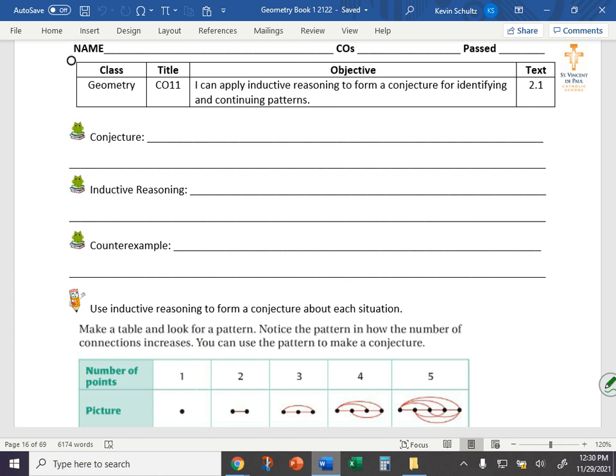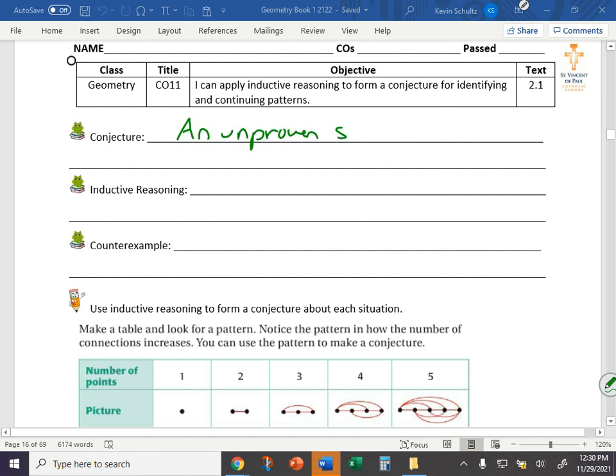So what we're going to start with is defining a conjecture. Anyone know what a conjecture is? I'll tell you, make these every single day. A conjecture is an unproven statement based on observations.